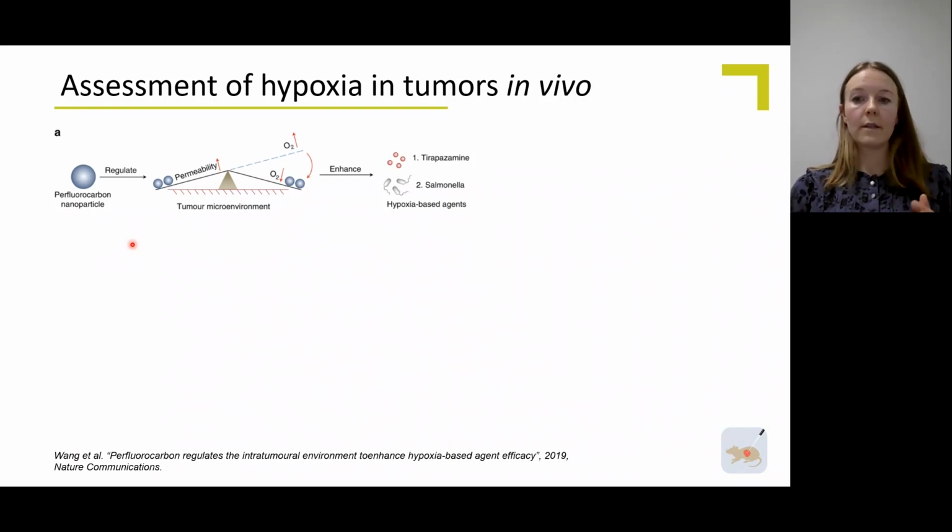Tumors have this hypoxic core with a very low oxygen concentration, and this environment is a target for some drugs. In order to reach the tumor site and the hypoxic core, the tumor must also be penetrable. And these nanoparticles both enhance the tumor permeability, and they also led to long-term hypoxia.